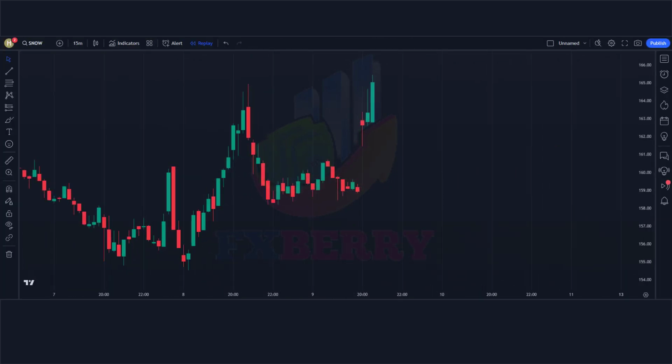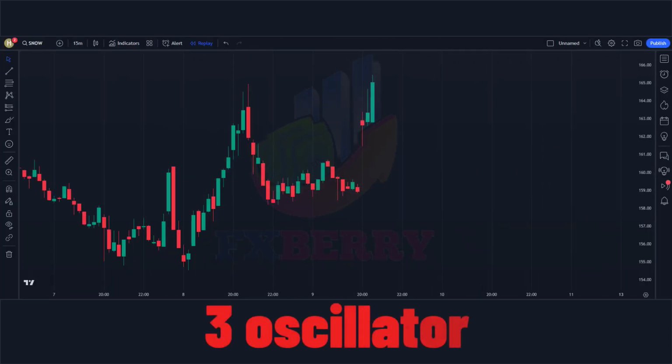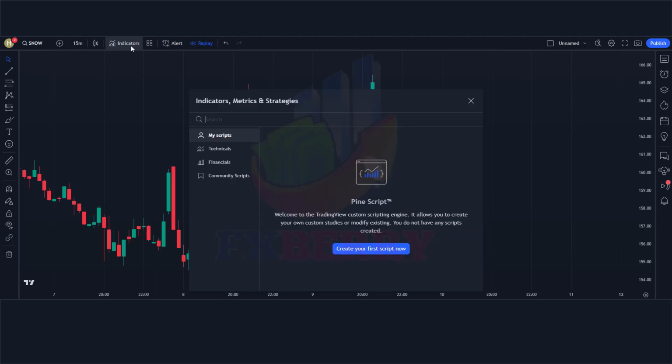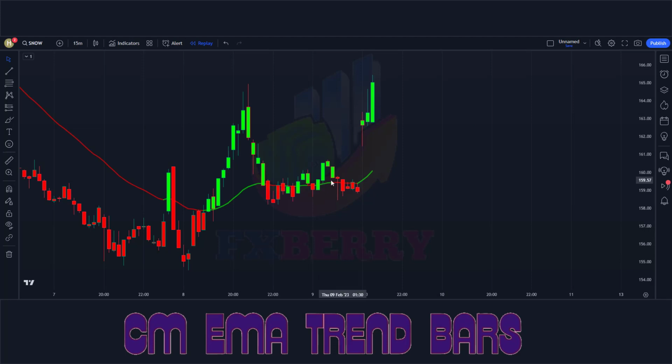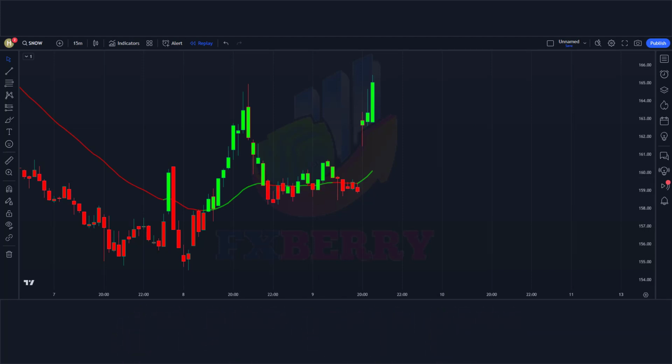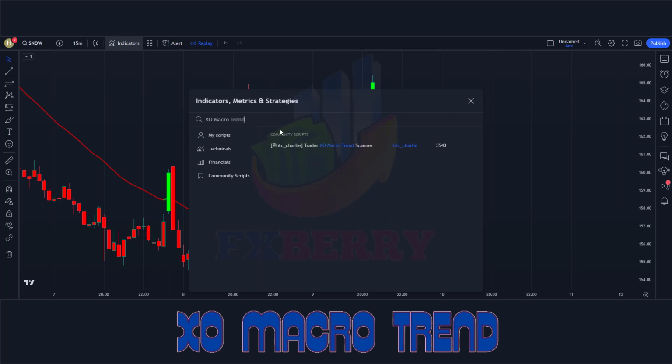Now let's get started. In this setup we would require 3 oscillators here. First indicator name is CMEMA trend bars. Second indicator name is XO macro trend.